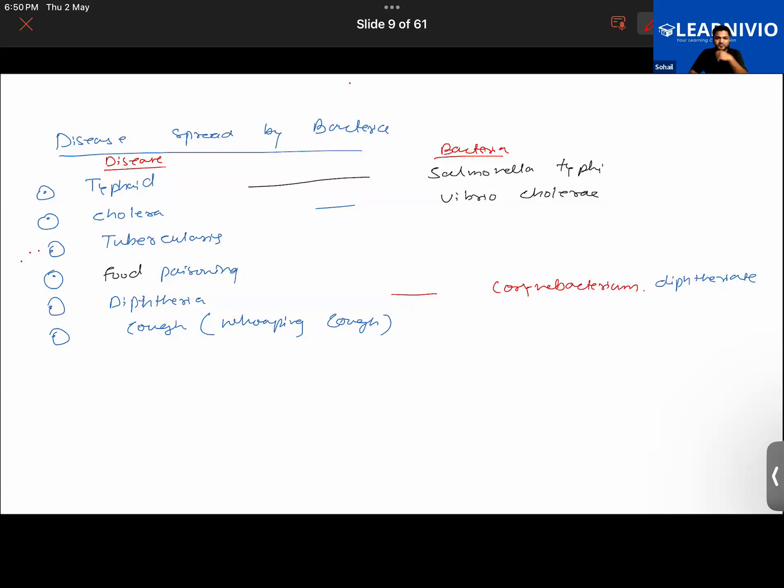Also in this case, you might see that the face and different parts of the body start to swell. Which part of the body is affected? As I said, it leads to difficulty in breathing, so it affects the nose and throat region.